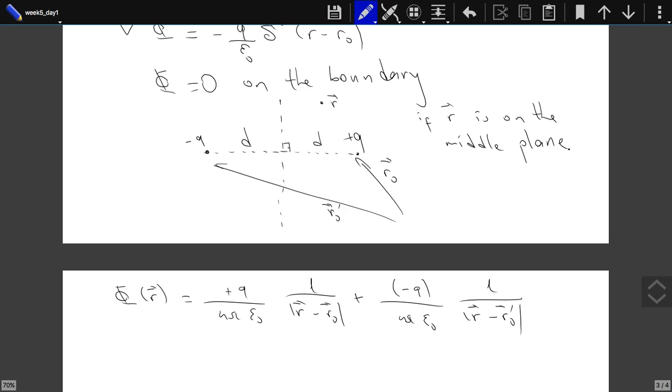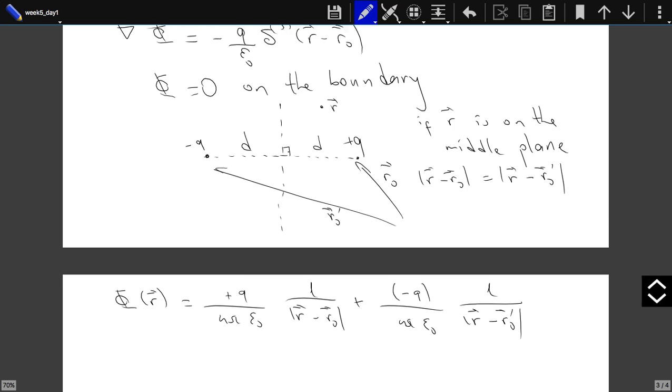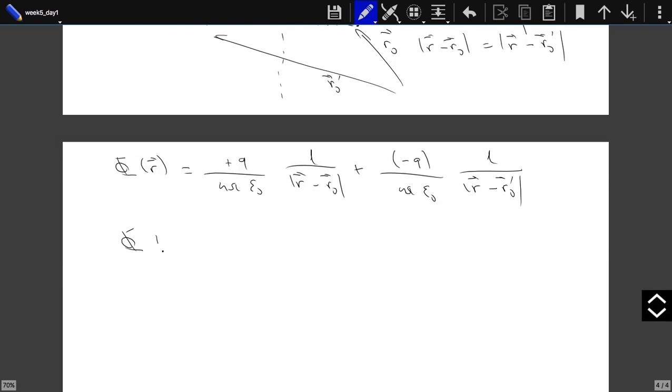So that just means that the distance of r from r0 is equal to its distance from r0 prime. If these distances are the same, I have plus Q over 4 pi epsilon 0, minus Q over 4 pi epsilon 0, so the result is 0. Phi of r is equal to 0 on the middle plane.